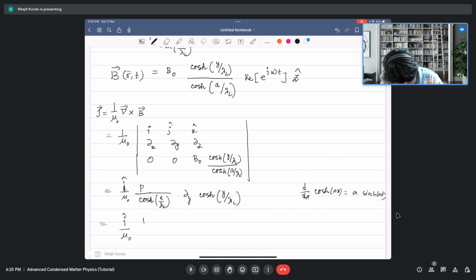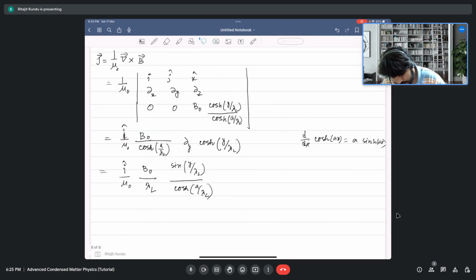With the B naught factor, it becomes sine hyperbolic y by lambda L divided by cosine hyperbolic a by lambda L, and then divided by lambda L. So this is the form of the current.